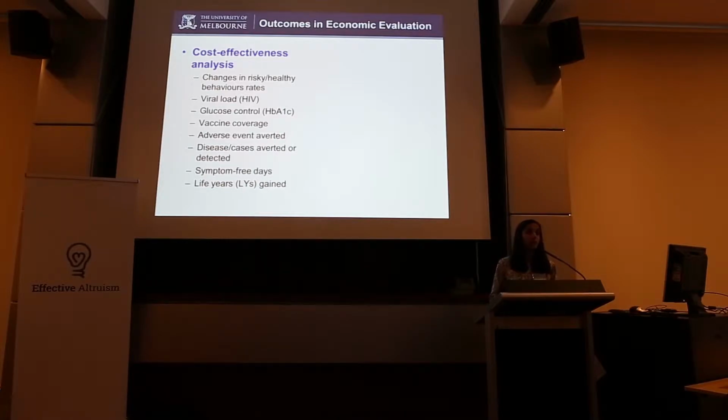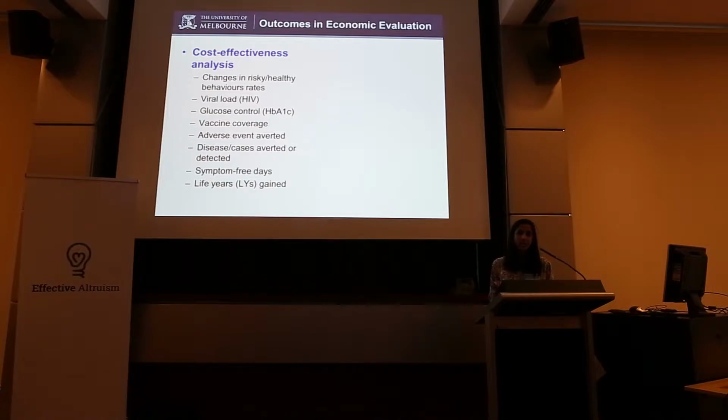In the case of cost-effectiveness analysis, there's a whole range of possible outcome measures that could be and have been used in terms of producing $1 per case averted of some sort of disease, or $1 per life year gained, $1 per child covered by a certain vaccine, using vaccine coverage rates.